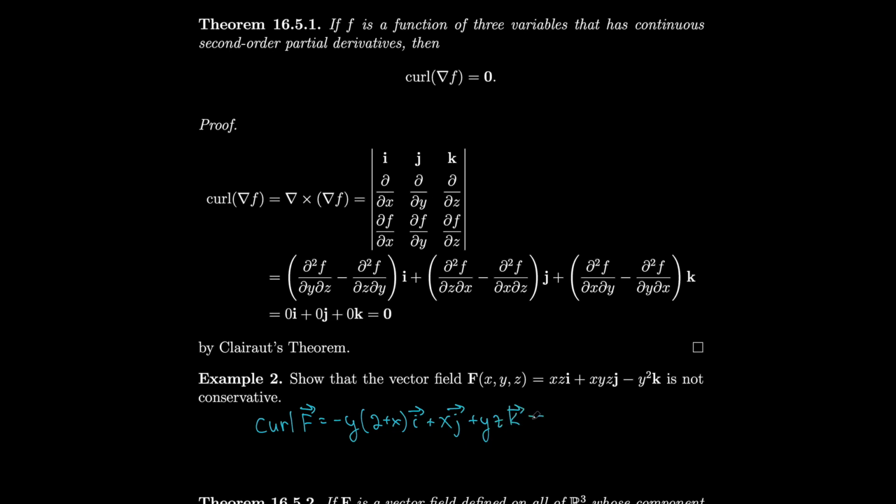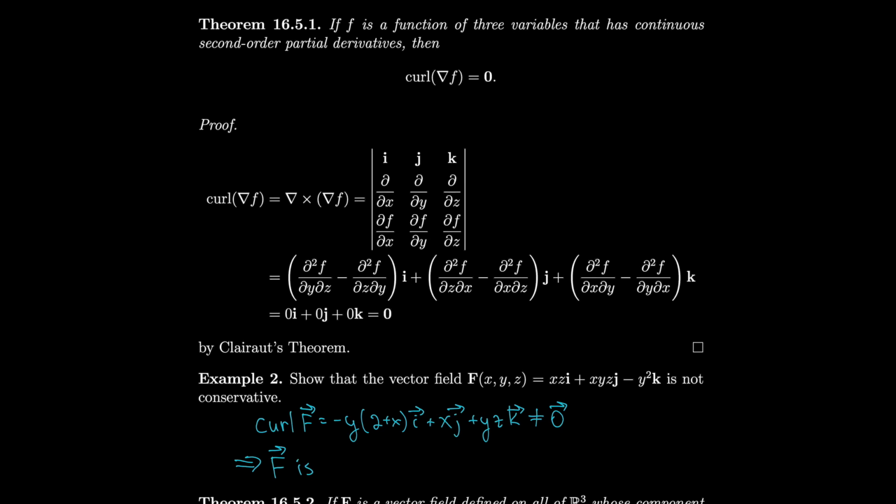And notice it's not equal to the 0 vector. So perfect. If it was conservative, then it would be del f for some potential function f, in which case if we took the curl of it, we would have to get the 0 vector, which we didn't. We got this whole mess. So that means that F is not conservative.